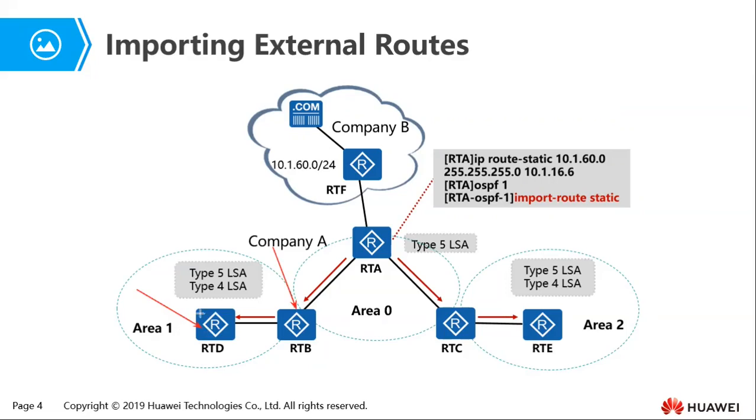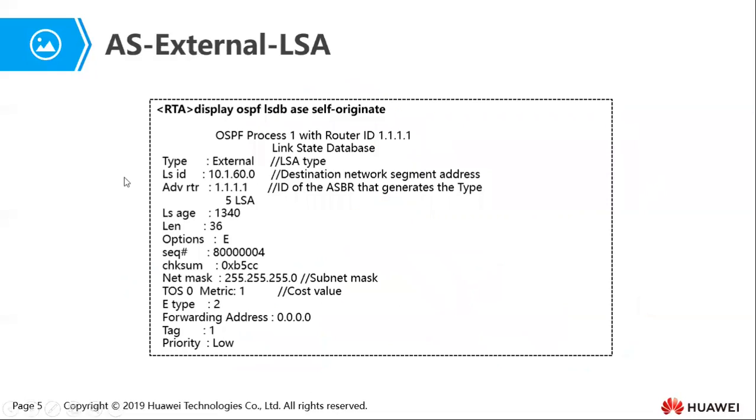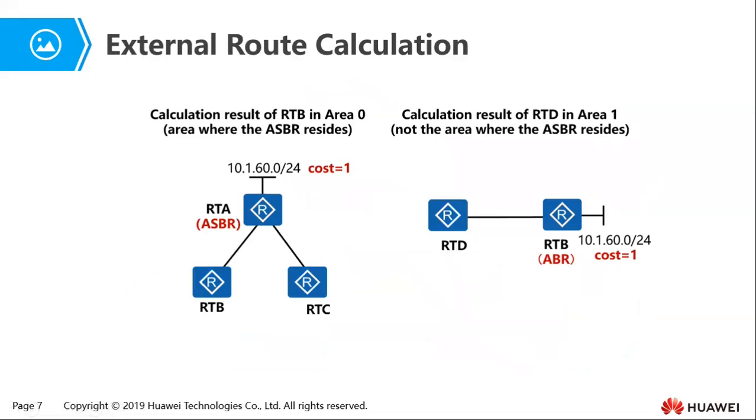So if RTD wants to forward a packet to that external network, what happens? It's going to check the type 4 LSA to know where the area border router resides.